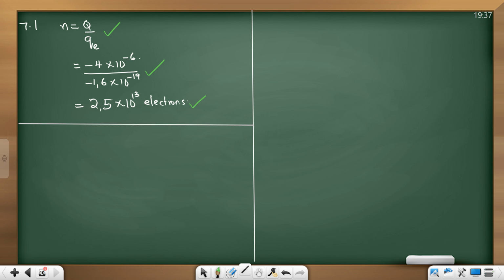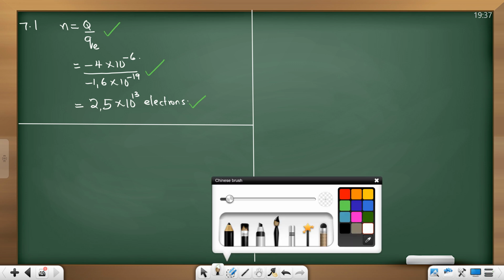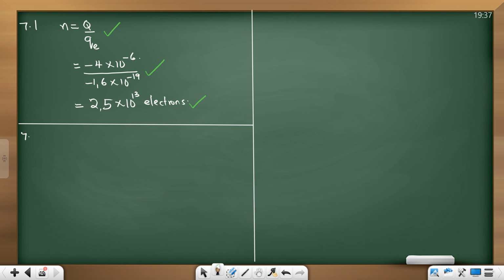I'm sure that's simple enough for everybody. So, the first question is a grade 10 question. Beautiful. I love the progression. We actually chose something nice. The first question is a grade 10 question, calculating the number of electrons.